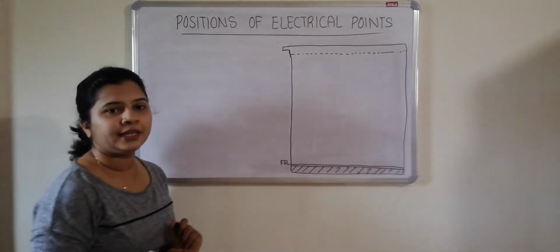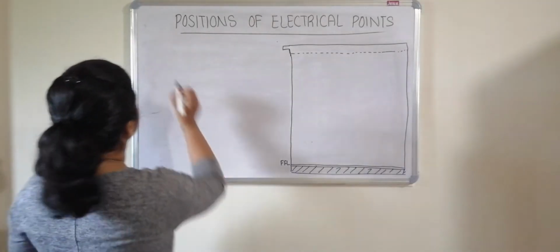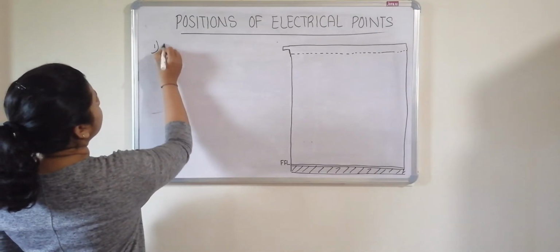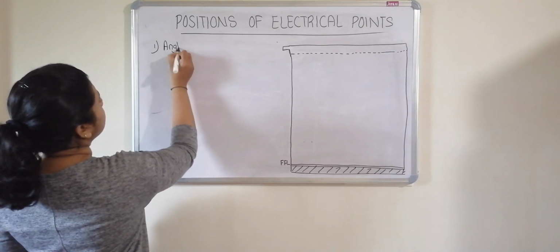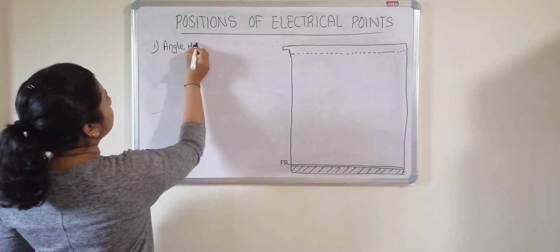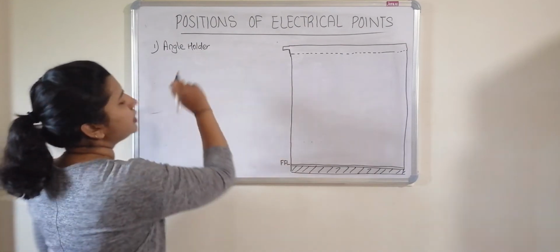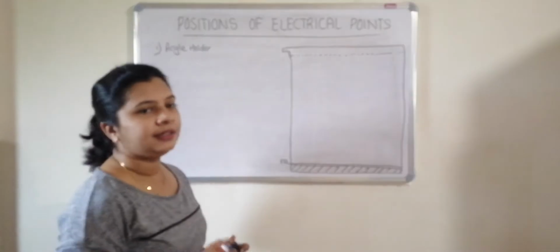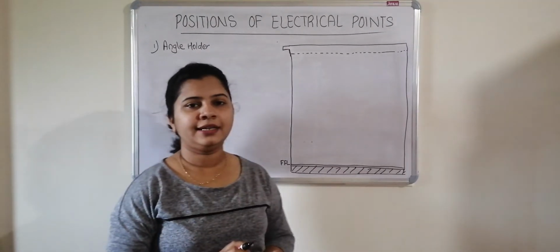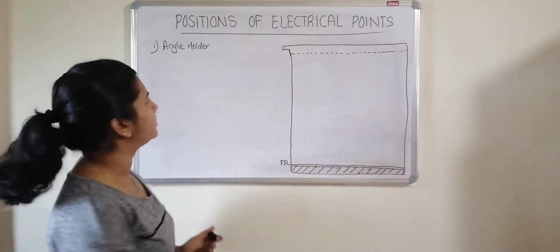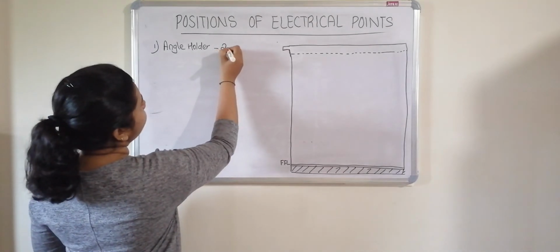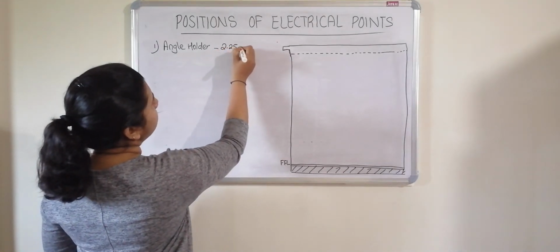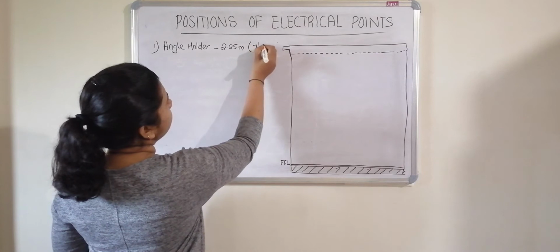First point we are going to take is the angle holder. Angle holder is the point where wall lights are provided, and this angle holder is provided at the height of 2.25 meter, that is 7 feet 6 inch.